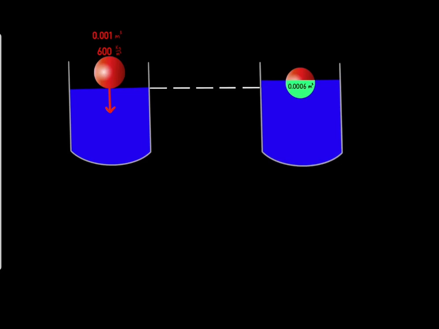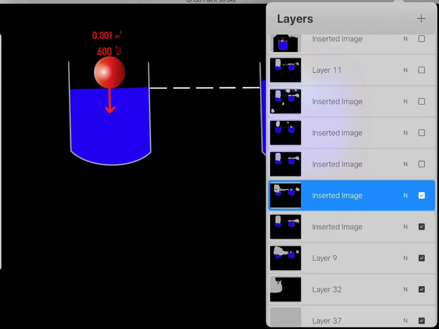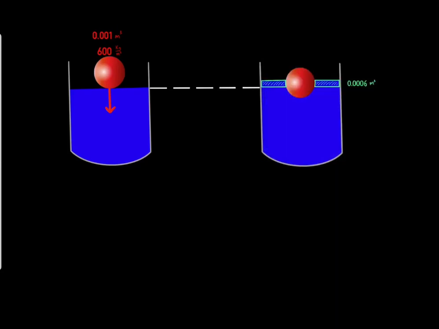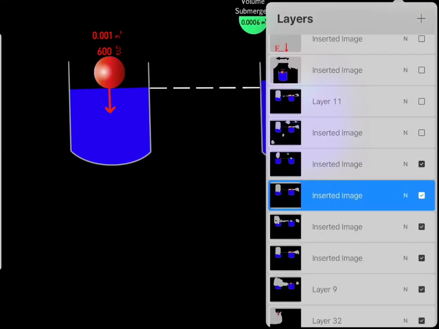But something important to realize is if this ball falls, part of it is going to be submerged. So let's say 0.0006 meters cubed of volume of this ball has been submerged. If this volume of the ball has been submerged, then this volume of water is going to be lifted upward. Because where did this volume come from? It came from the volume of the ball that's been submerged.